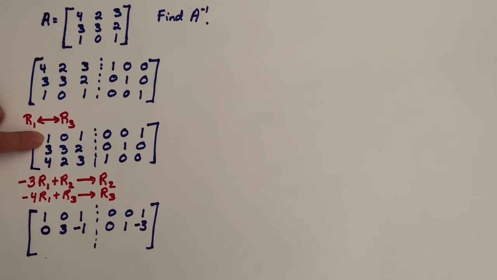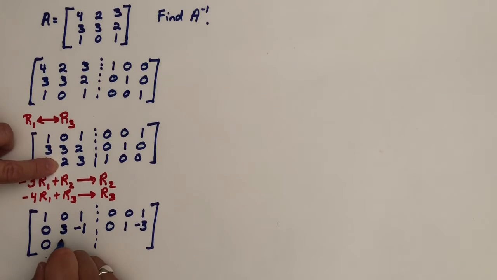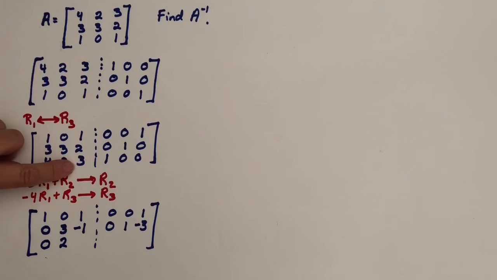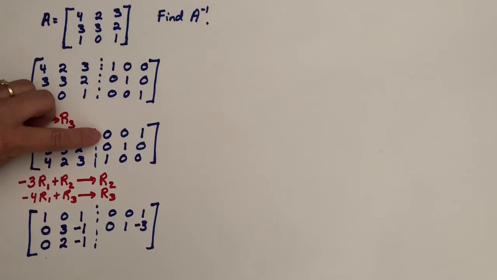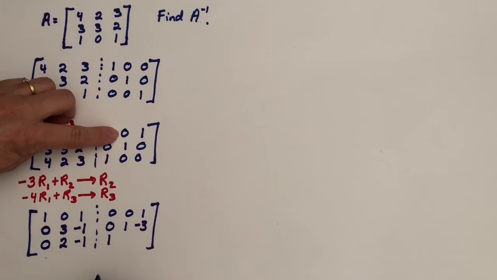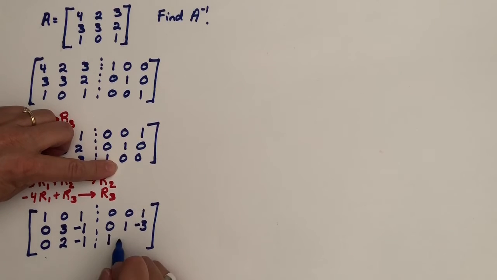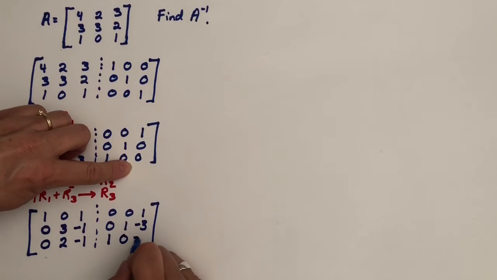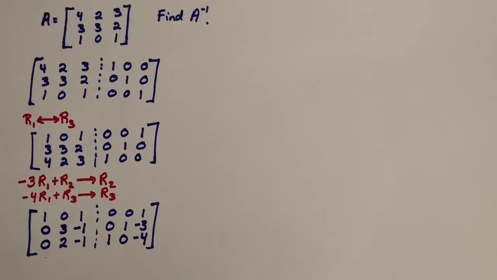So -4 times 1 plus 4 is 0. -4 times 0 is 0, plus 2 is 2. -4 times 1 is -4, plus 3 is -1. -4 times 0 plus 1. -4 times 0 plus 0. -4 times 1 plus 0. And we're here.